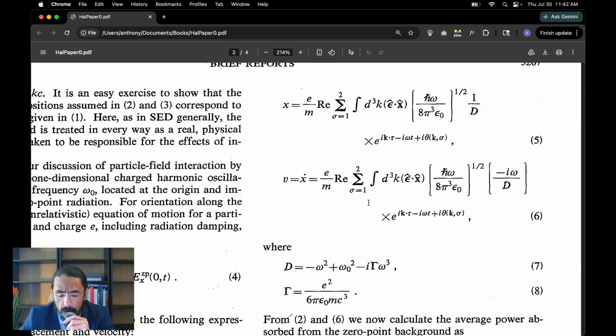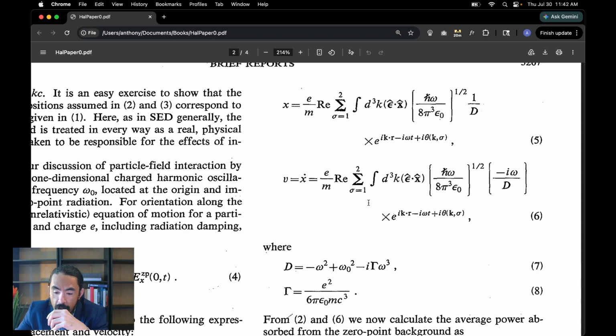Then we have our velocity statement in equation 6, which is v equals x dot. So we're just taking the first time derivative of equation 5, our displacement relation, to get e over m times the real component of the sum on sigma from 1 to 2 of the integral of d cubed k, times the dot product of epsilon hat with x hat, times the square root of the fraction h bar times omega over a denominator of 8 pi cubed times epsilon naught.